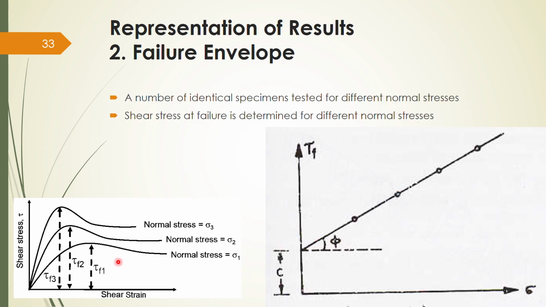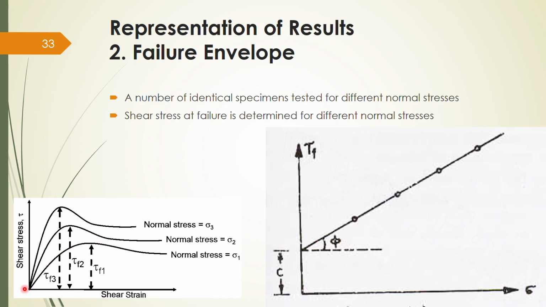This curve is for normal stress sigma 1, this curve is for normal stress sigma 2, and this curve is for normal stress sigma 3. So the test is conducted 3 times and we are getting 3 curves.